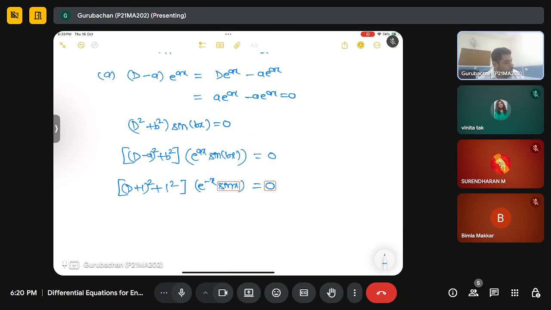So what we will do, the given ODE can be written in this form.